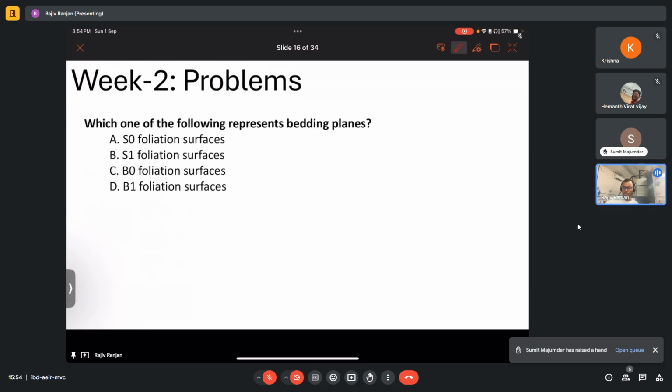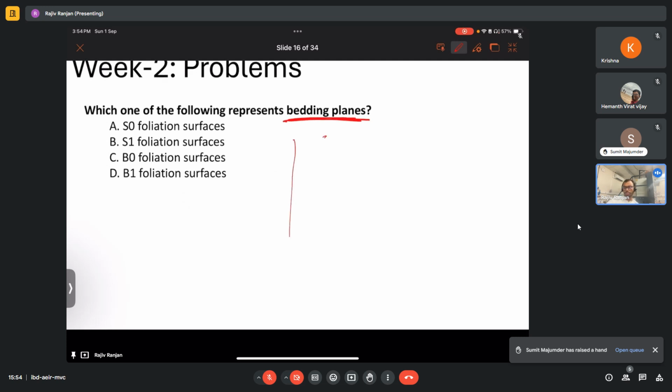Okay, so which one of the following represents bedding planes? I have discussed this a lot, very basic. S0, S1, B0, B1. We represent planes or foliation as S0, S1, S2, S3. So this is the bedding plane, or primary bedding.